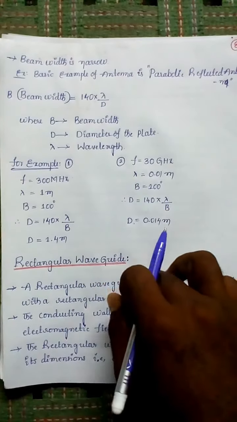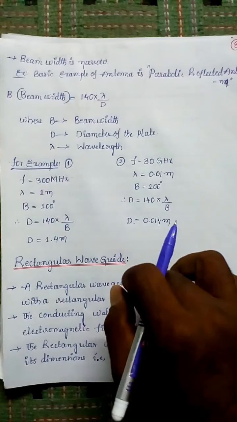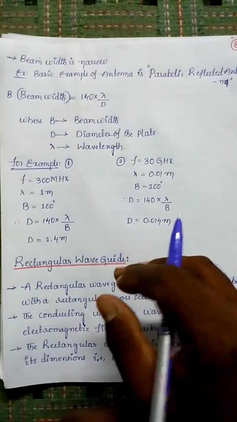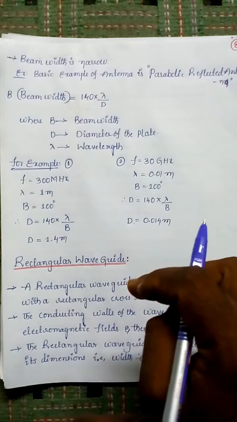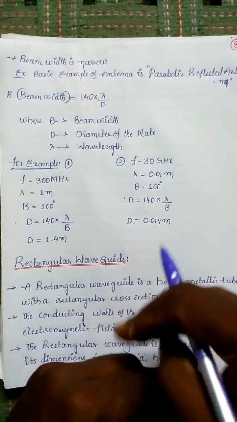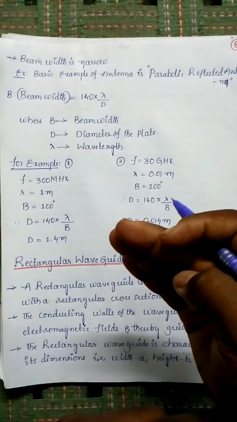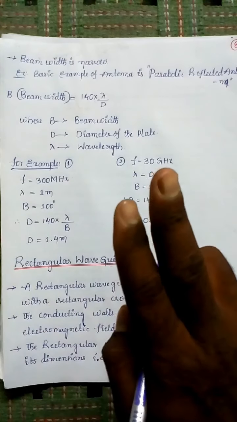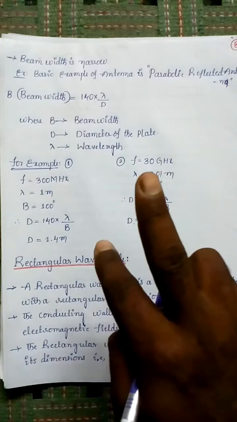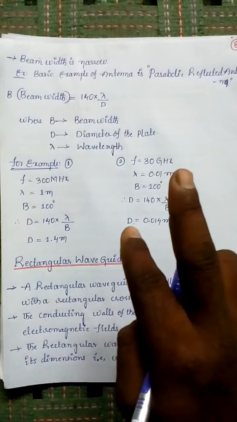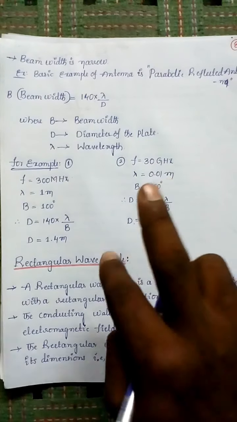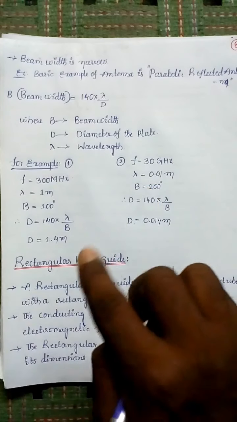In this lecture we are already discussing that. Next, in rectangular waveguides, which type of mode is used, TE mode or TM mode. Only two modes are used, that is TE mode and TM mode. TE means transverse electric mode, and the other is the TM mode, that is transverse magnetic mode.